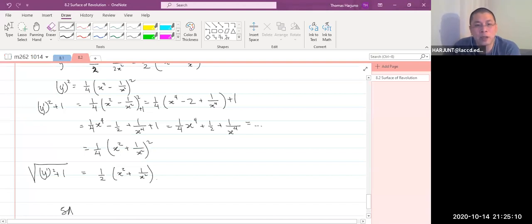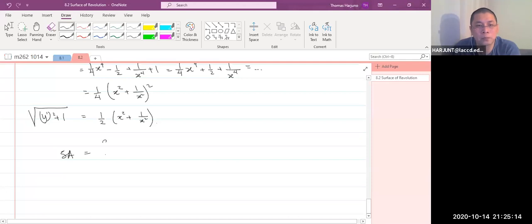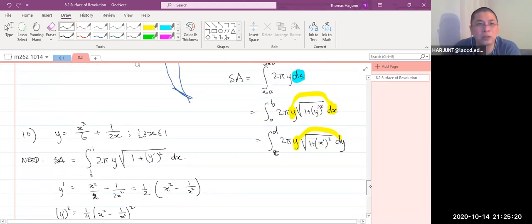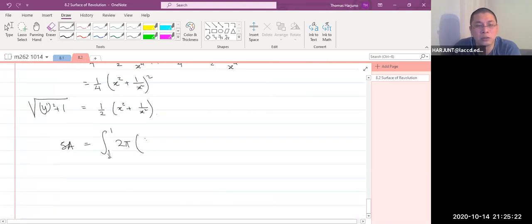So the surface area will be the integral from 1/2 to 1 of 2 pi y, which is x cubed over 6 plus 1 over 2x, times 1/2 times x squared plus 1 over x squared dx.